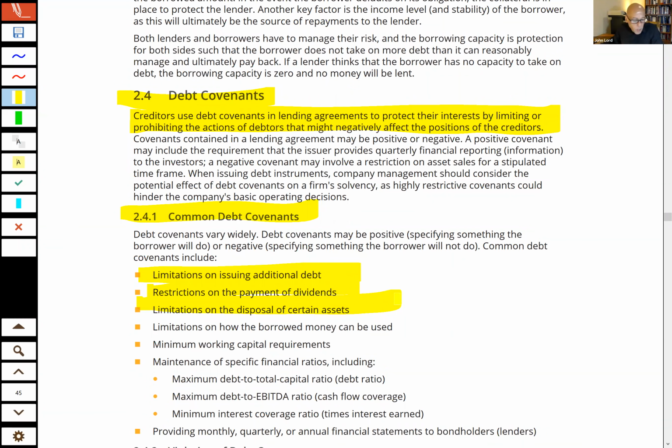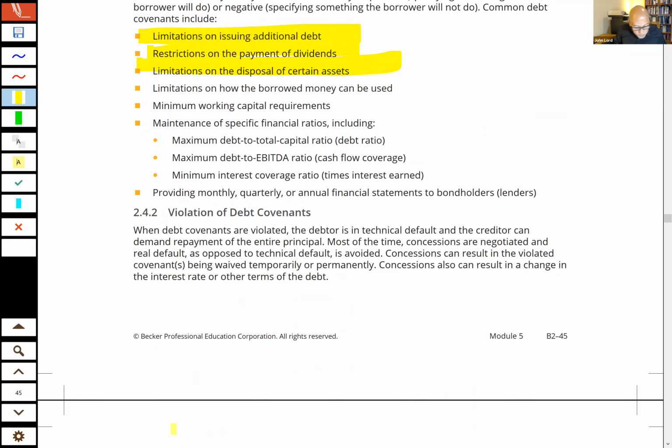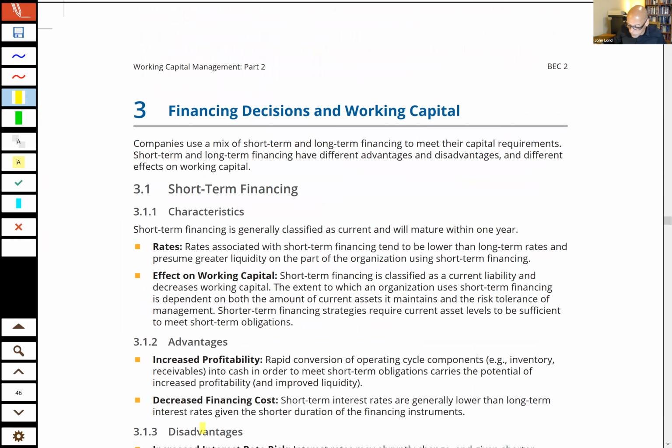Right? Okay, good. Let's go ahead and take a look at the next page. Again, some terms that we want to understand, basically looking at the difference between short-term and long-term financing. Some advantages and disadvantages of short-term financing.